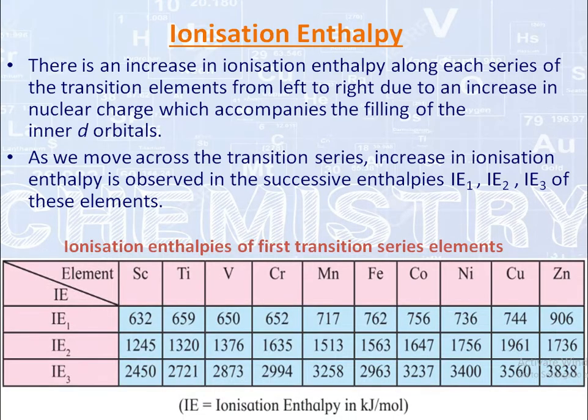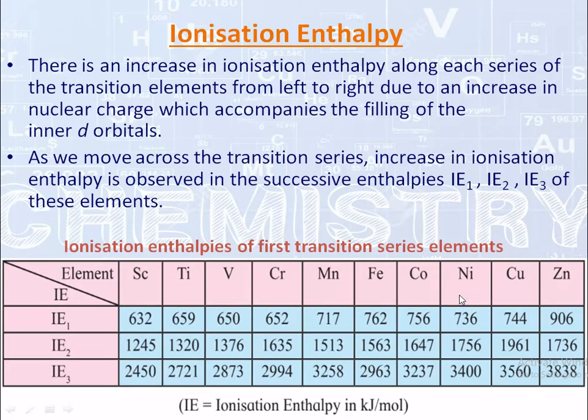Here in this table, the ionization enthalpy of the first transition series is given. We can observe that the first ionization enthalpy of the 3d series increases as we move from left to right.